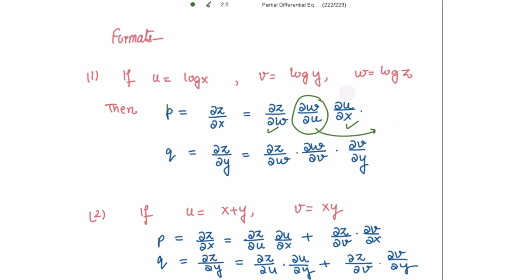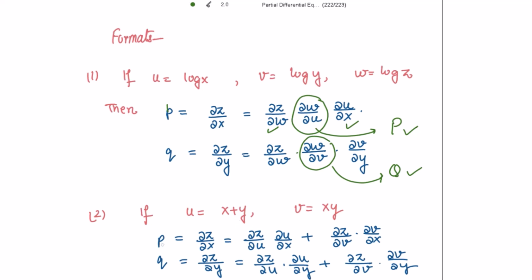So take your capital P to be this and capital Q to be this. The partial derivatives which you are not able to solve, take those partial derivatives to be your capital P and capital Q, right?